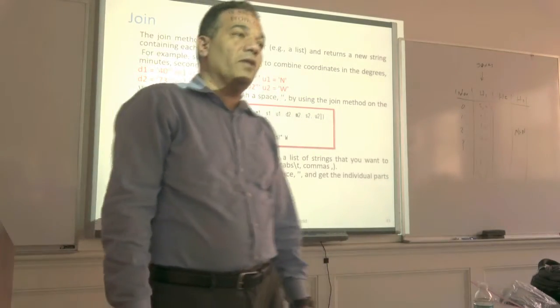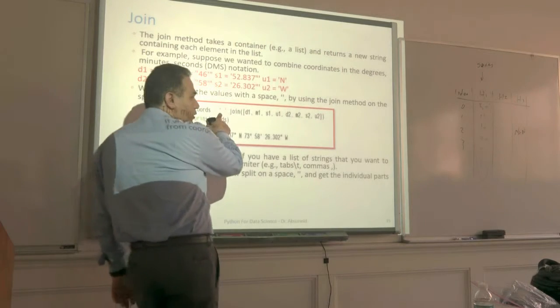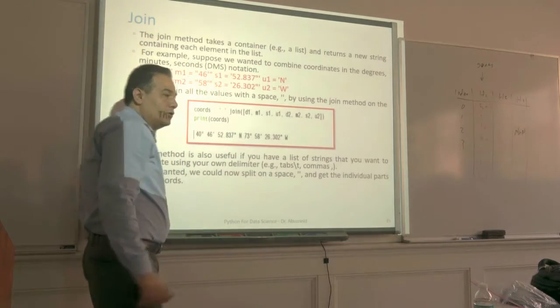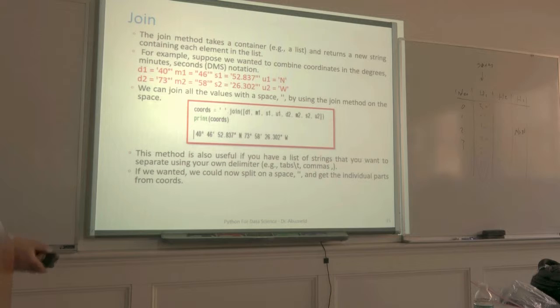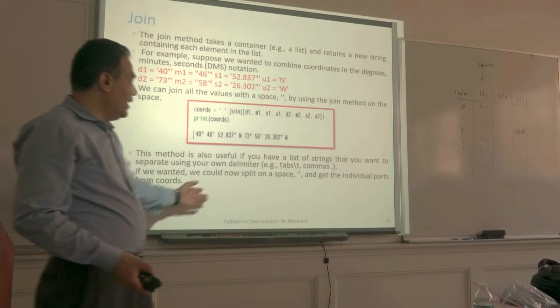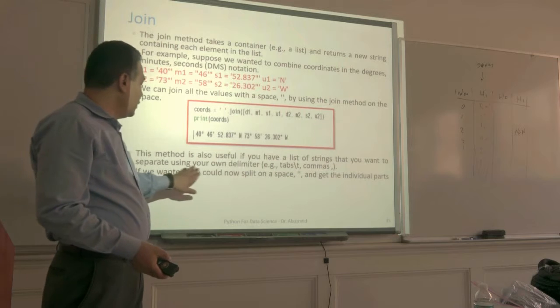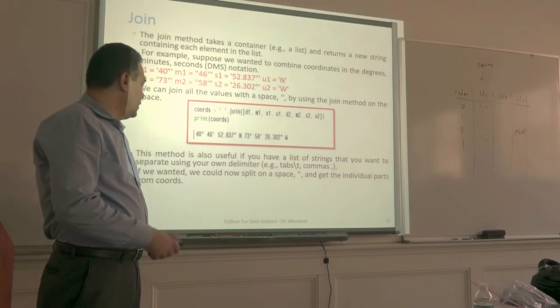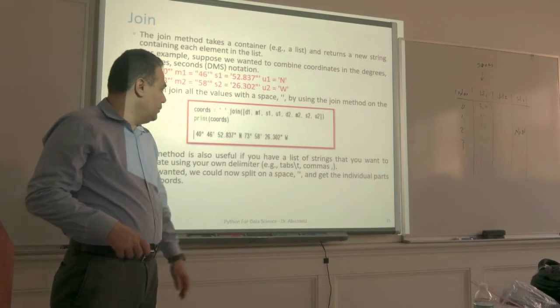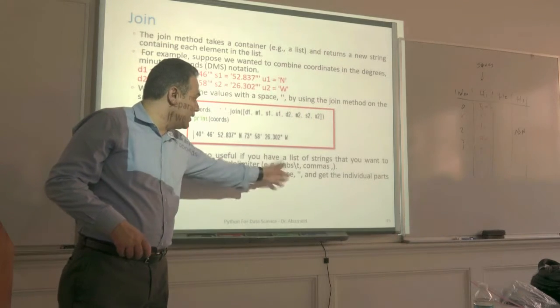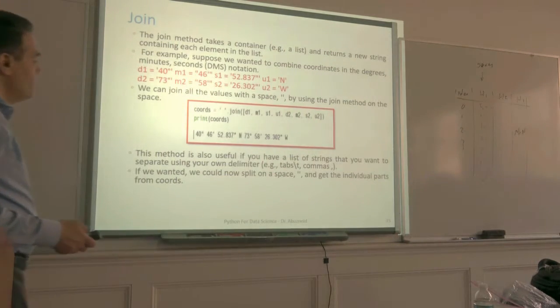If I need a hyphen, we put a hyphen. It's a very useful tool, also if you have a list of strings that you want to separate using your own delimiter, like a tab or whatever.